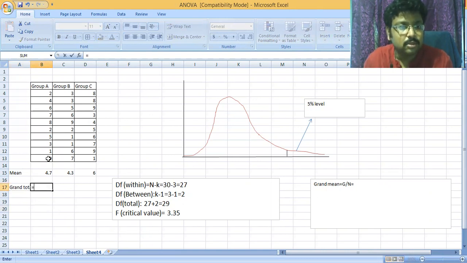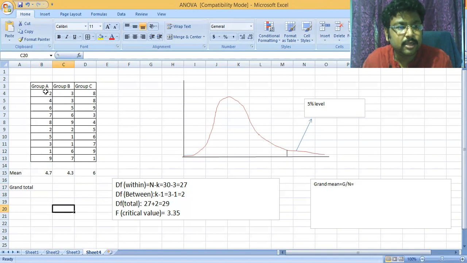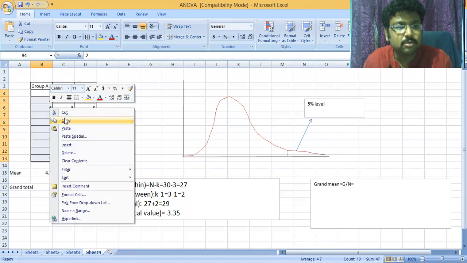Grand total is equal to the sum of these columns.